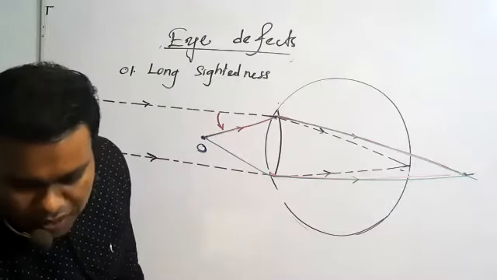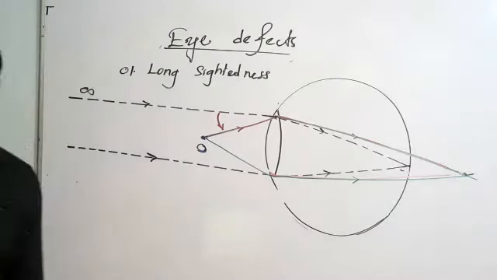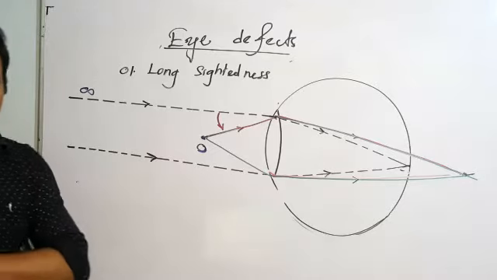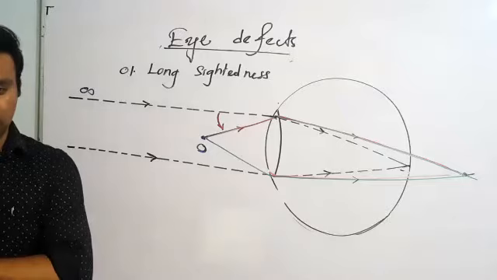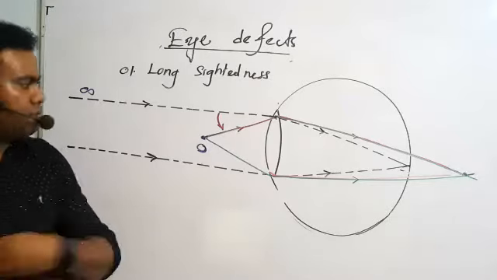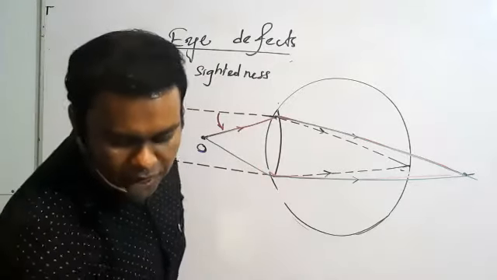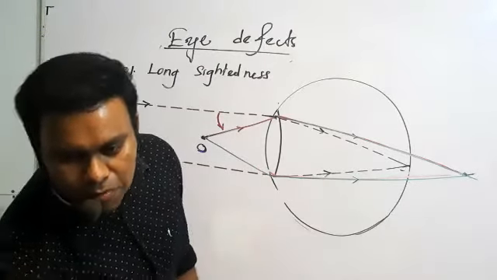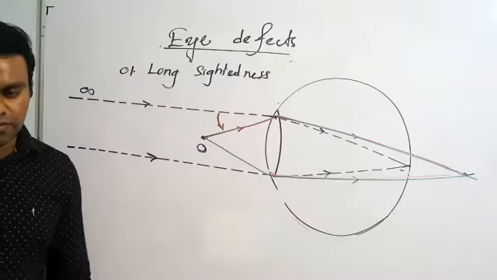Those who understood, message 1. Now you have to learn this diagram. The logic is in your mind. If you know the name of the defect, you can draw the ray diagram.